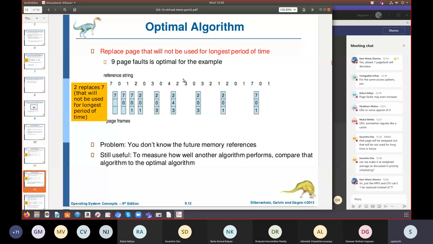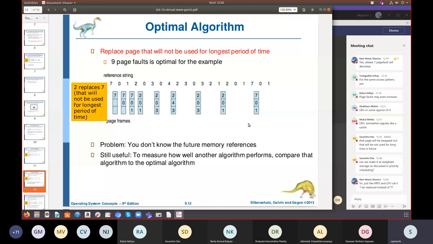You can design your own algorithm, fine, but the optimal algorithm will replace 7 because it's assumed that the future is known and 7 is used much later than 1. So Ramnivash, is this okay? If not, you can unmute and ask.